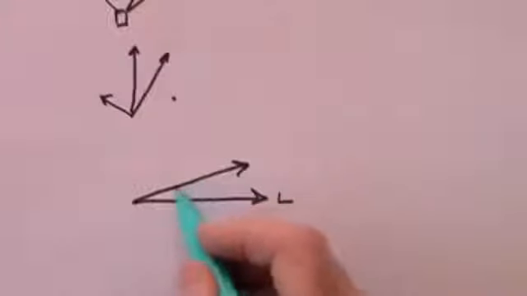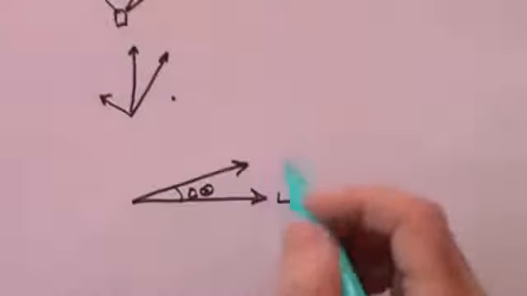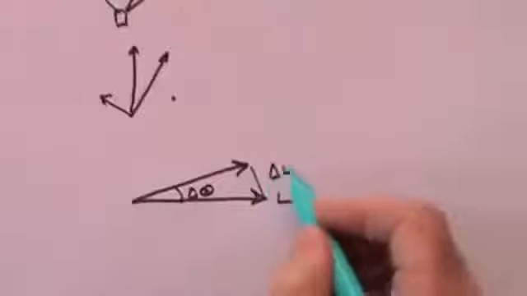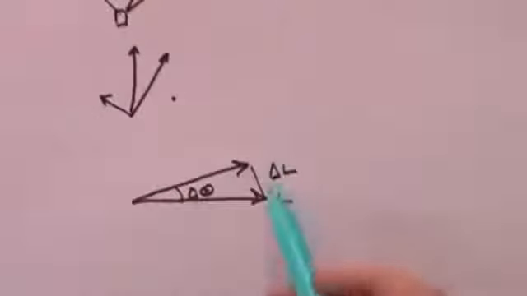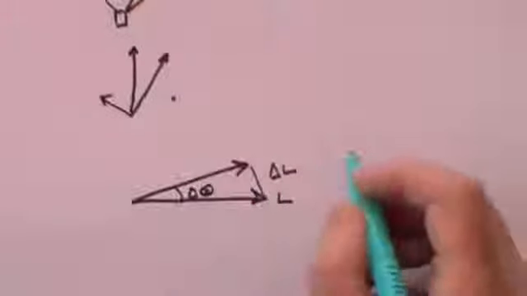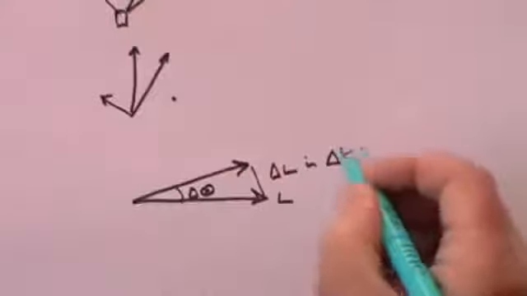It goes through an angle delta theta, and it travels a distance which we'll call delta L. Delta L is the difference in the two vectors. Remember, to get the vectors you do them tail to tail, and then the difference is the distance between the two tips. And we'll say it travels delta L in a time delta t.